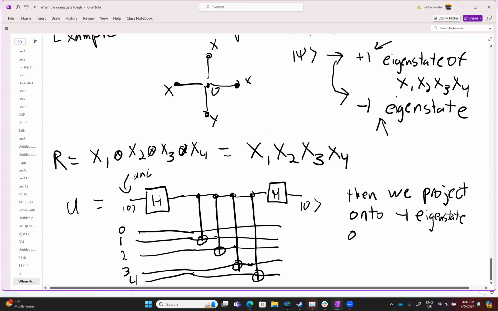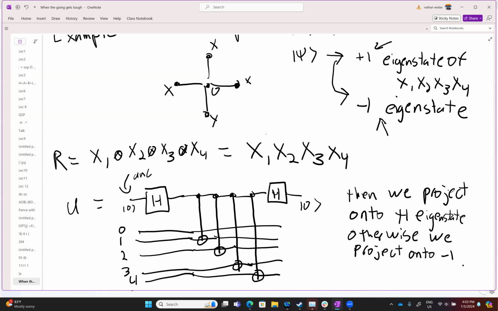And otherwise, oh, actually, sorry, it's the +1 in this case. We would project onto the -1. Okay, cool.